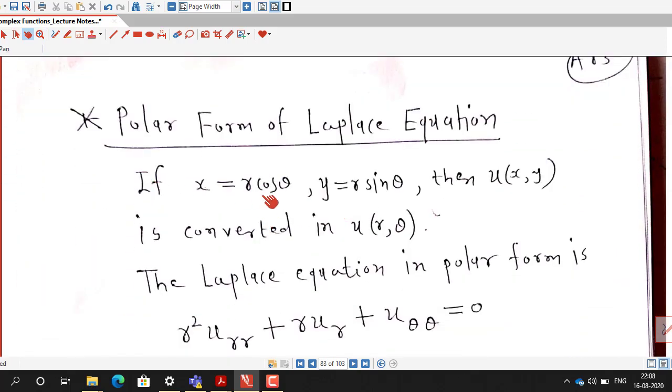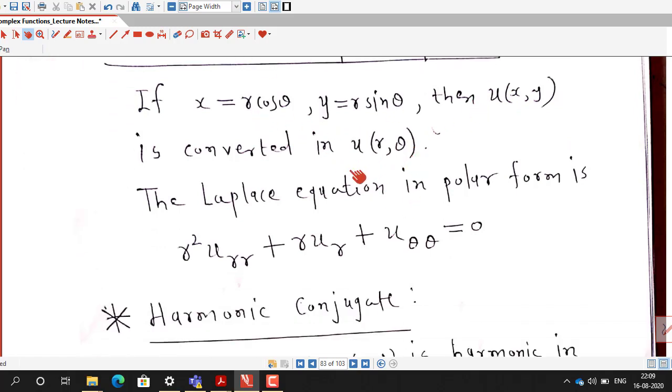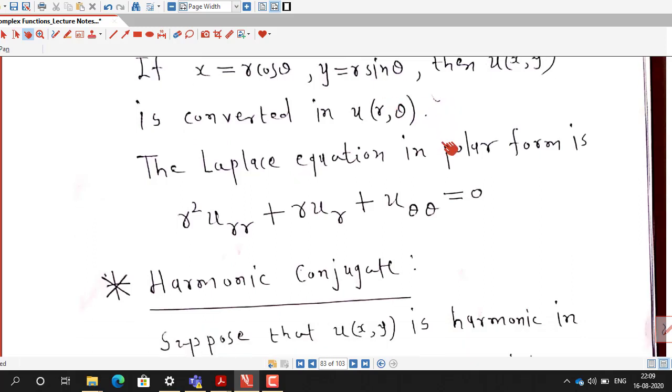This function of r and theta is harmonic if the partial derivatives of u with respect to r and theta are continuous and u satisfies the Laplace equation in terms of r and theta.